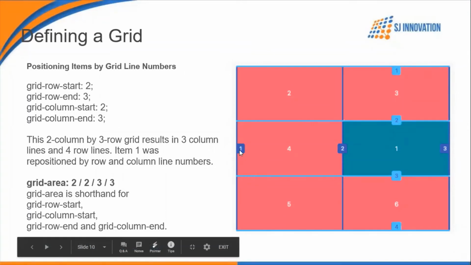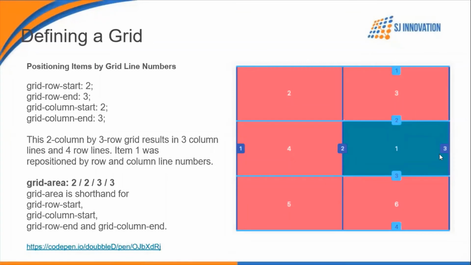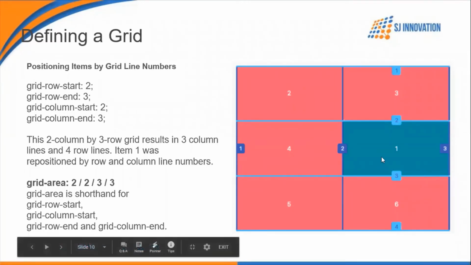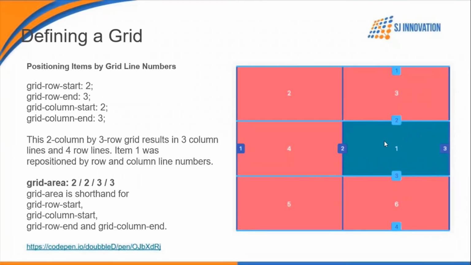Here the column grid lines are 1, 2, 3, and the row lines are 1, 2, 3, 4. Basically 1 should stay before 2, right? But it's showing right now above the 6 and above the 3.